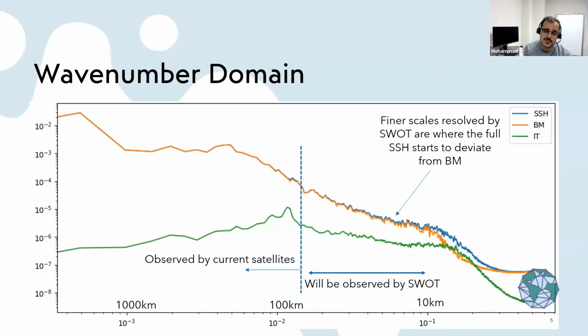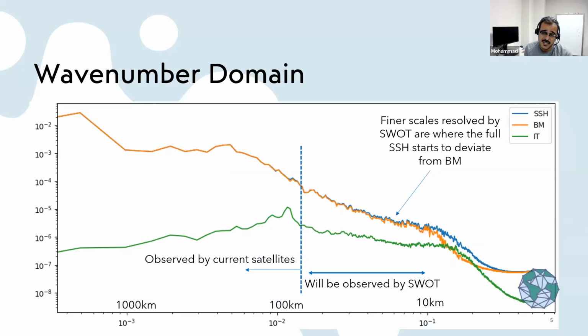This slide shows the power spectra of the SSH and its two components in the frequency domain. We see the amplitude of each component plotted against its frequency. As is evident, sea surface heights and balanced motions both have the same order of magnitude for low frequencies, or in other words, large wave numbers, while for higher frequencies, their amplitudes deviate from each other.